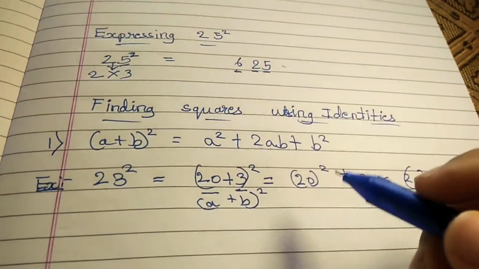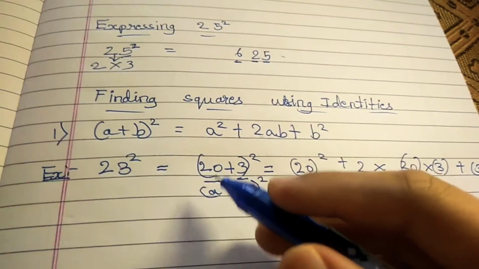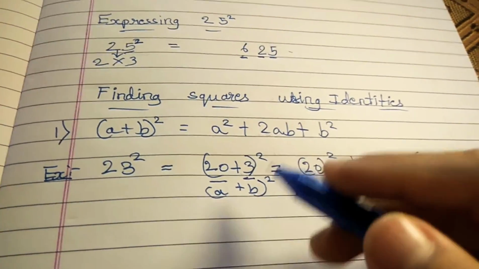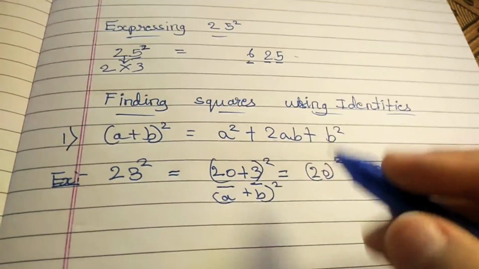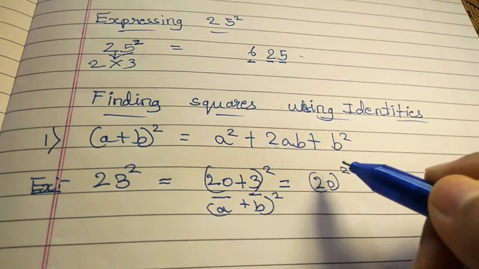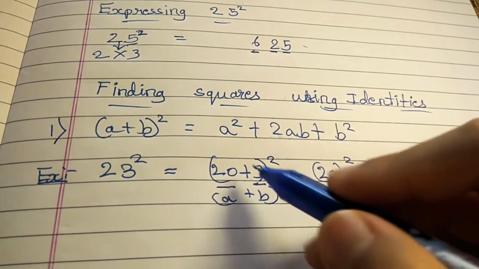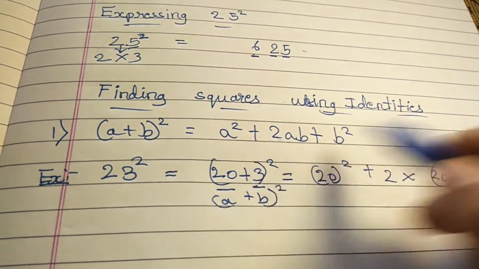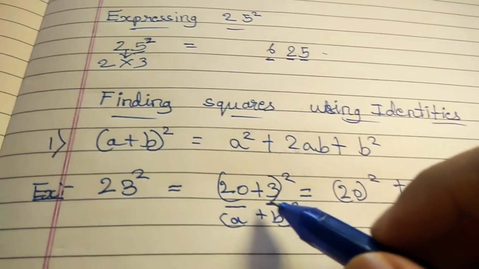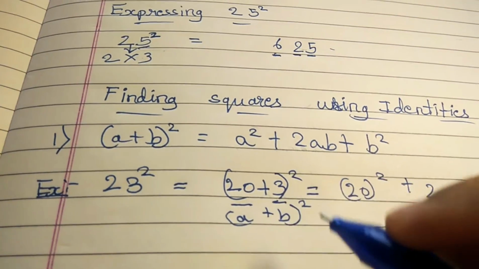Next, we are finding the square here. Here a is 20 and b is 3. Don't forget the square here. It's actually 20 plus 3 whole square, so if I split it, it will be 20 square plus 3 square, like that.